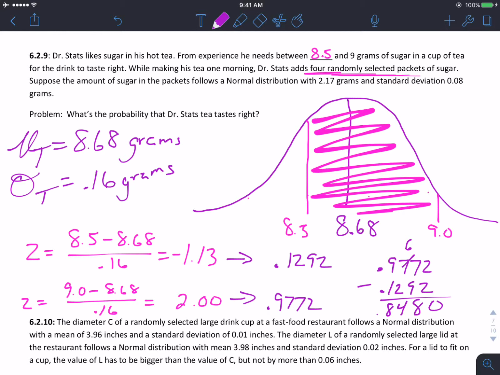So what I get is 0.8480, so that's like an 84.8% chance that the tea actually tastes right.